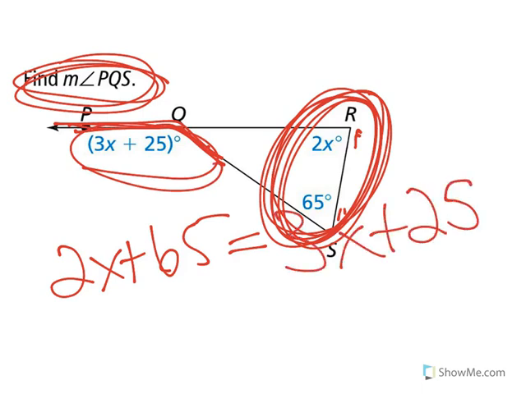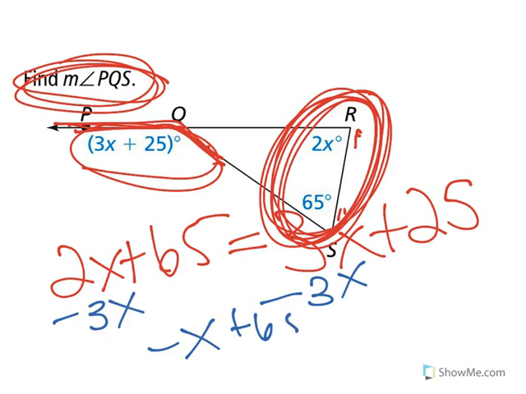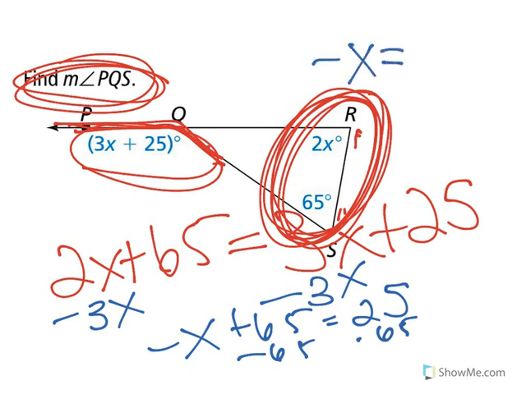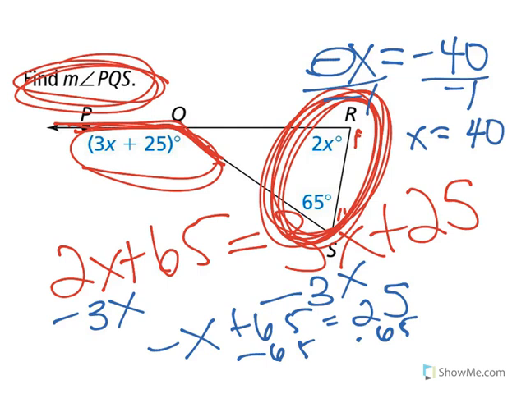And then we just need to solve. Let's solve it differently this time. So negative x plus 65 equals 25. Subtract the 65. Negative x equals negative 40. Can't have a negative x, so divide by negative 1, and x equals positive 40.